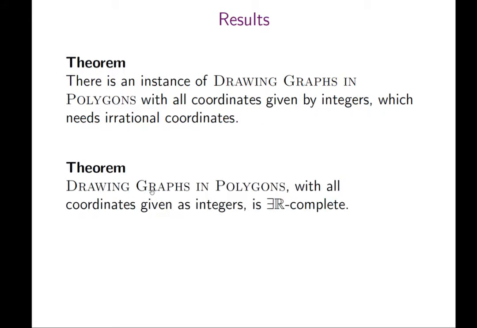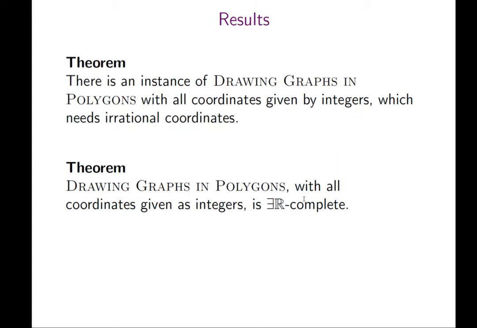And actually what we show is that this problem, drawing graphs in polygons, is actually existential-R complete. This in a sense rules out NP membership, and I will explain this class in a second. Yes, and these are our results.